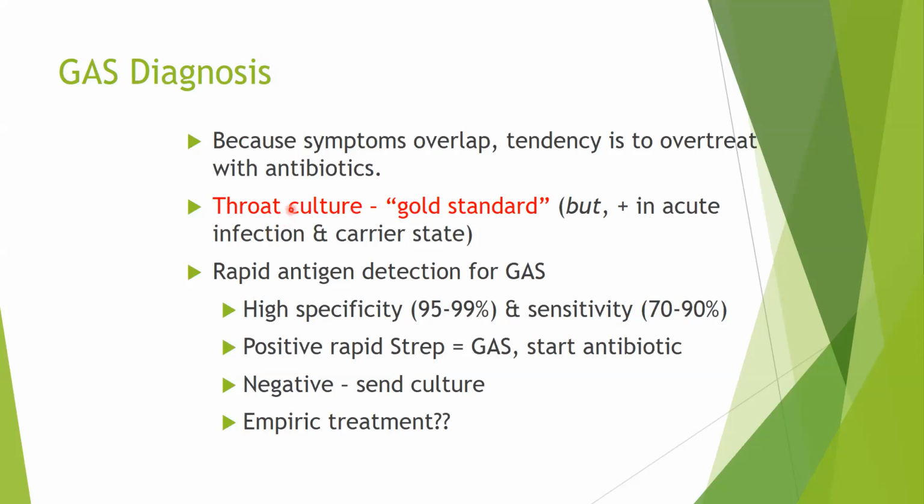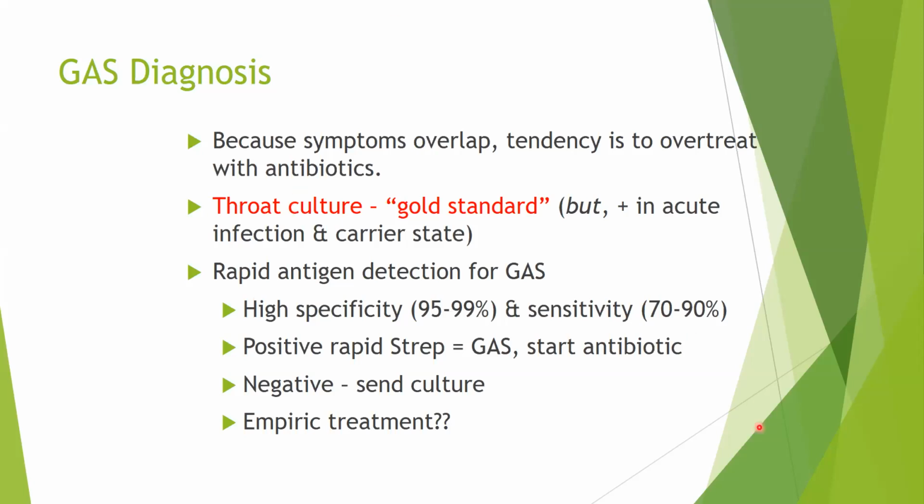And this is not a beta strep group A culture, this is a throat culture. The difference between a throat culture and a beta strep group A culture is that a beta strep group A is only plated up on a blood agar plate, whereas a Haemophilus agar plate or the chocolate agar plate is utilized during a complete throat culture.